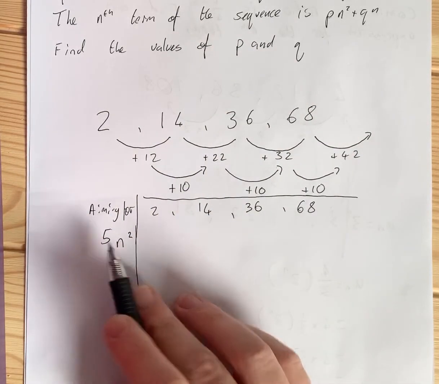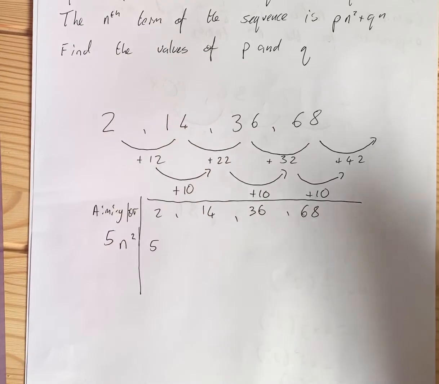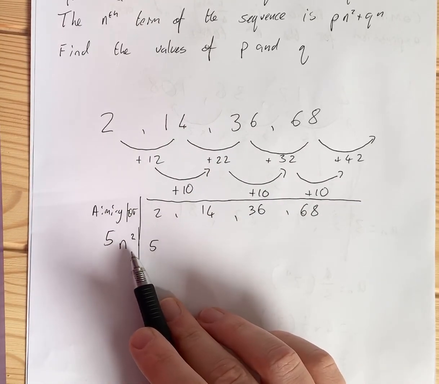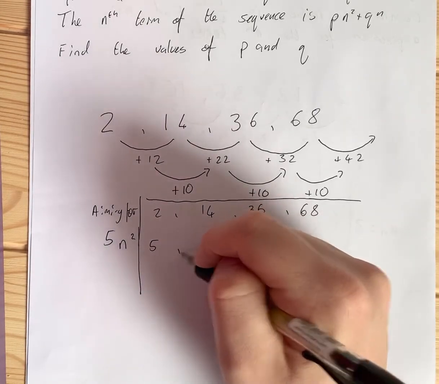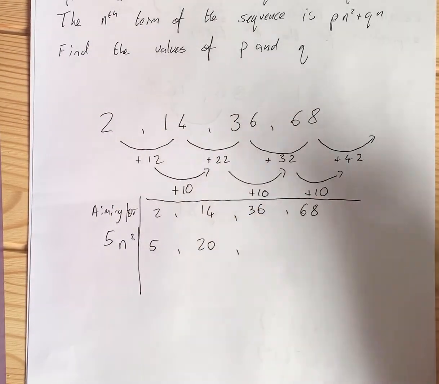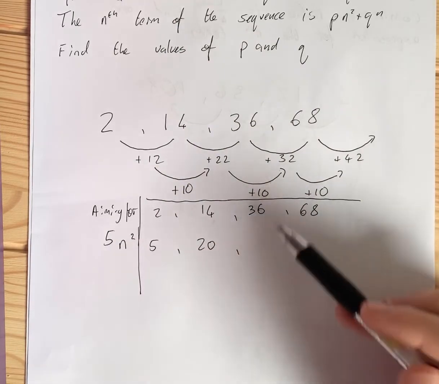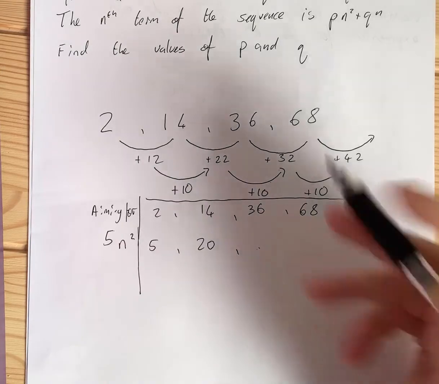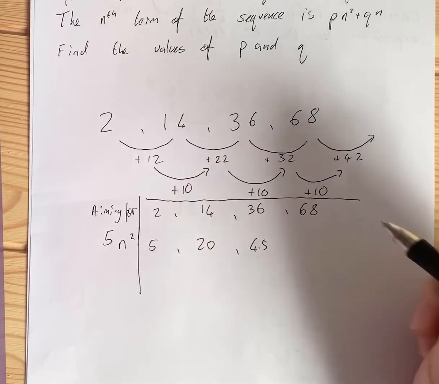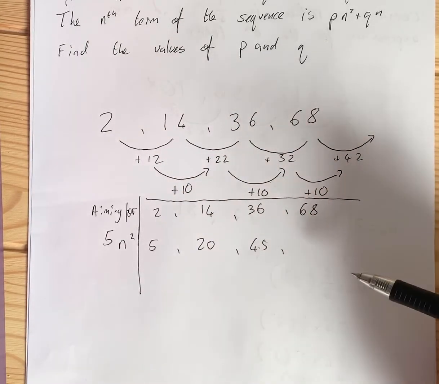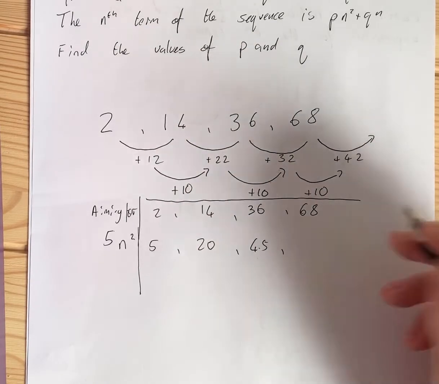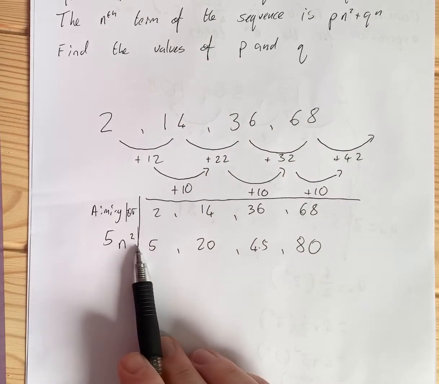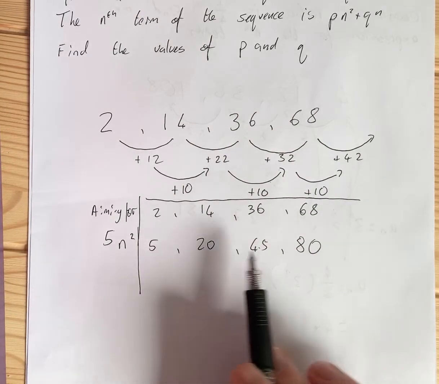Well, 1 squared is 1, multiplied by 5, that's 5. 2 squared is 4, multiplied by 5, that gives me 20. 3 squared, because it's the third term, is 9, multiply that by 5, that gives me 45. 4 squared is 16, multiply that by 5, that gives me 80. So at the moment, 5n squared gives me this.